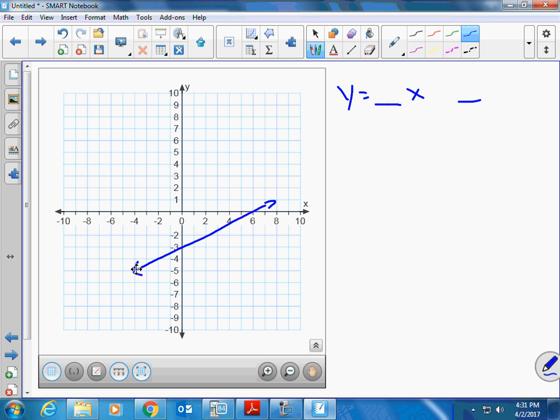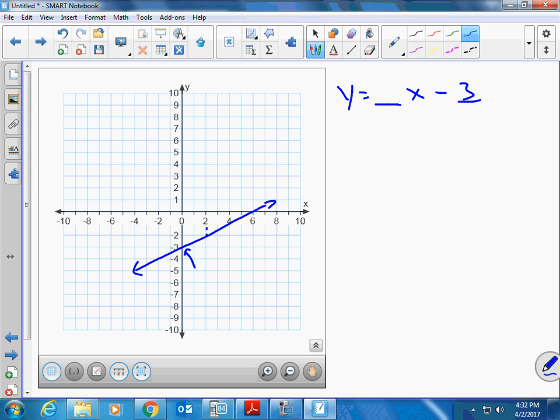I look at that, and I see a y-intercept of negative 3. So I'm going to put a minus 3 out here. Starting from there, how far do I have to count up and over to get to another point? Well, that's not totally fair because there's an infinite number of points on that line. So let me describe that a little more precisely. How far do I have to go up and over to get to another whole number xy coordinate?